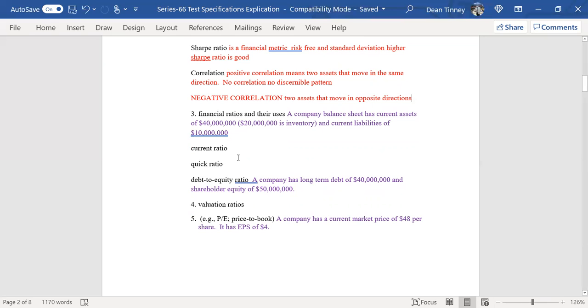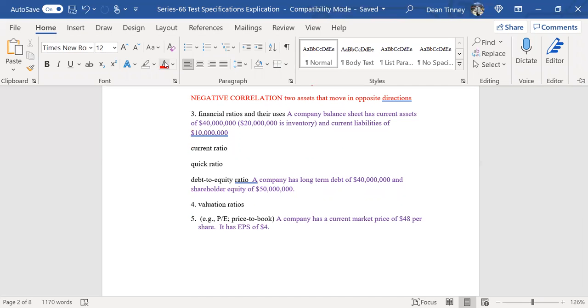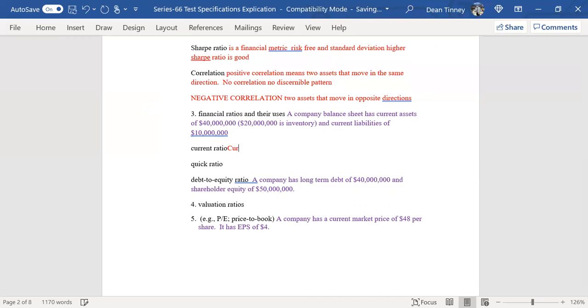So I just stipulated that. And so the current ratio is going to be, by the way, working capital doesn't show up in the NASAA test specifications here, but I would know it. It's testable, it's just not in this area of the PDF that we're explicating. Working capital is current assets minus current liabilities. Current ratio is current assets divided by current liabilities.